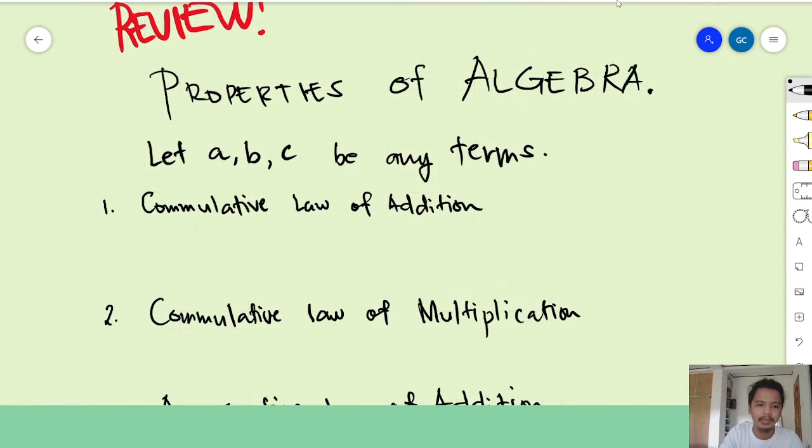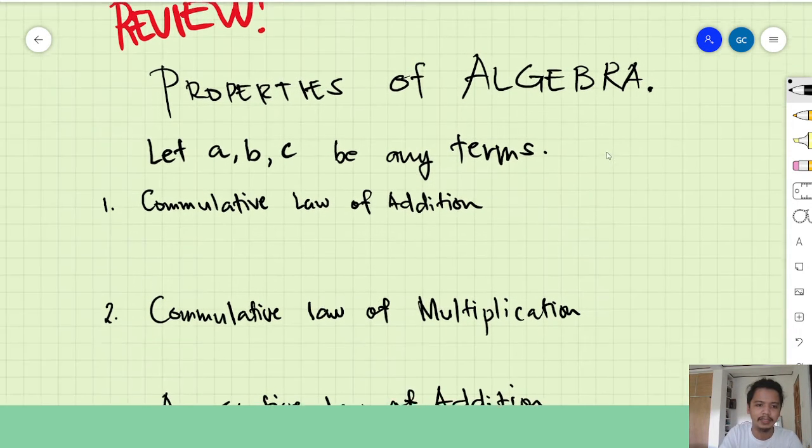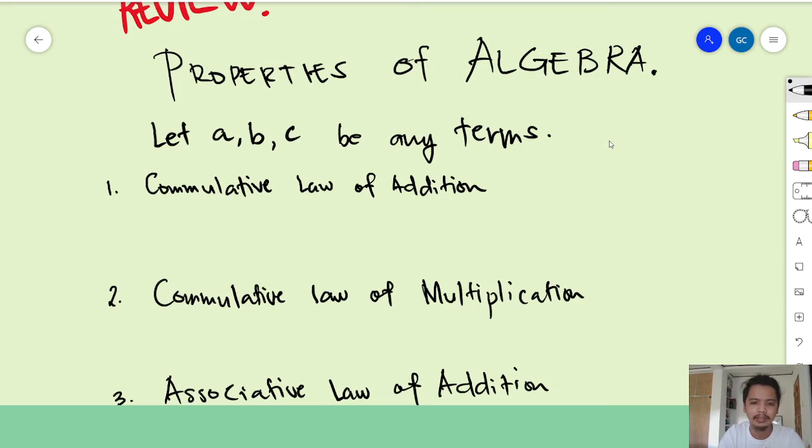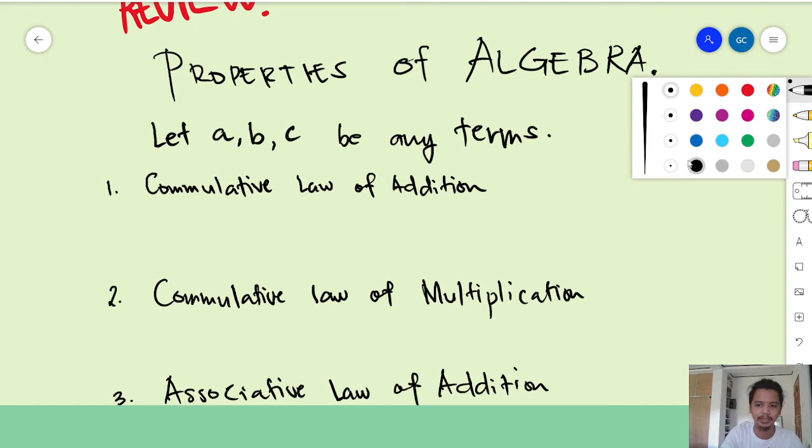So we have there, if we have A, B, C as any term, any number, constant man yan, variable, or combination of the two, we will present yung mga kakaibang laws. So first law natin is the commutative law of addition.